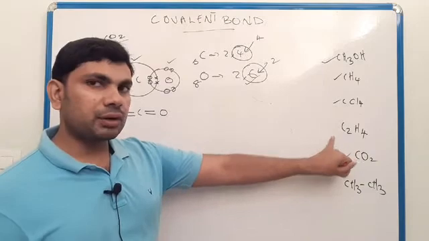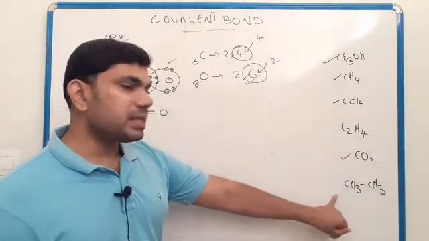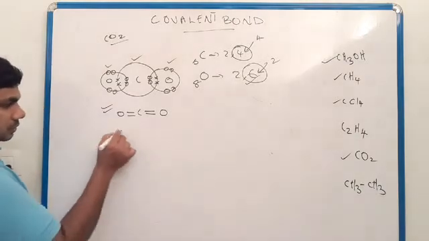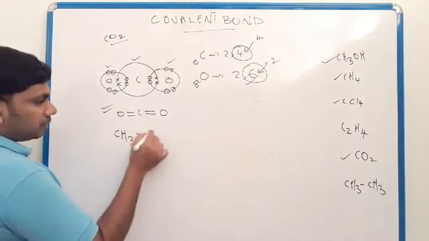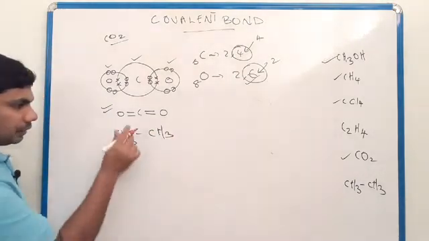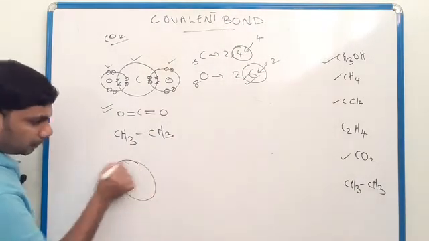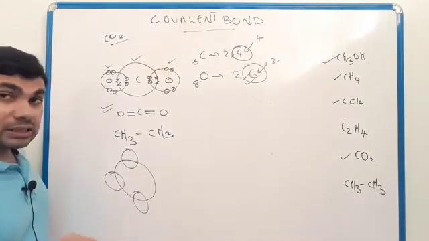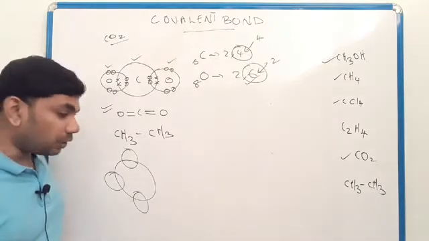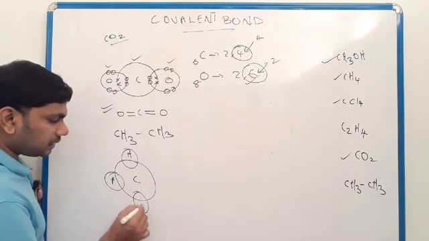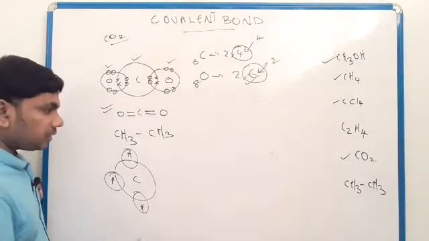Before C2H4, let us do here CH3 single bond CH3. CH3 single bond CH3 means here 1 carbon with 3 hydrogen. I told you before CH3OH. CH3OH means 1 carbon and 3 hydrogen. That is CH3.